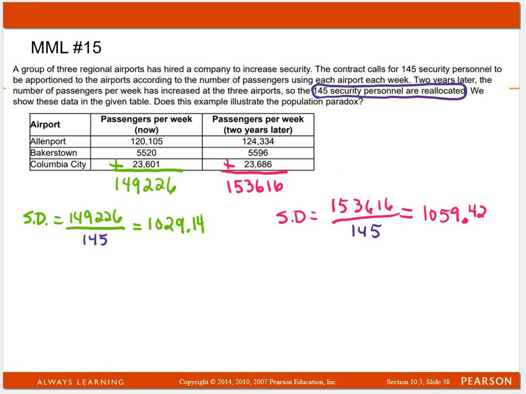Number 15, their question to you is, does this example illustrate the population paradox?